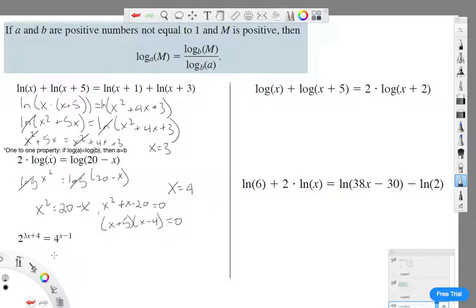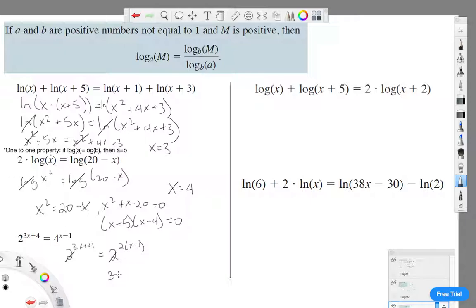Next up, again, power rule. Actually, sorry, this is an exponential equation. 2 to the 3x plus 4 equals... now recognize that 4 is a power of 2, so this equals 2 to the 2 times x minus 1, which is the same as 2 to the 2x minus 2. We can drop off our like bases.